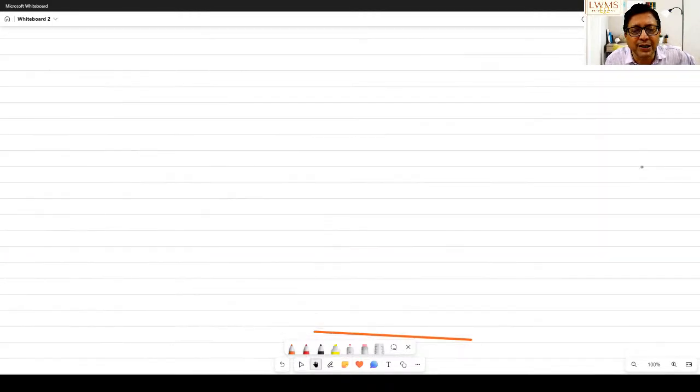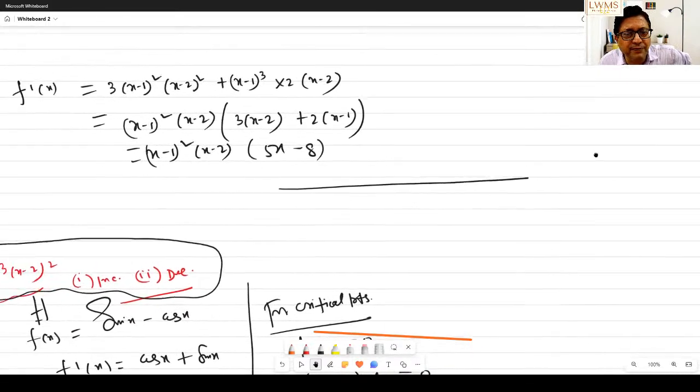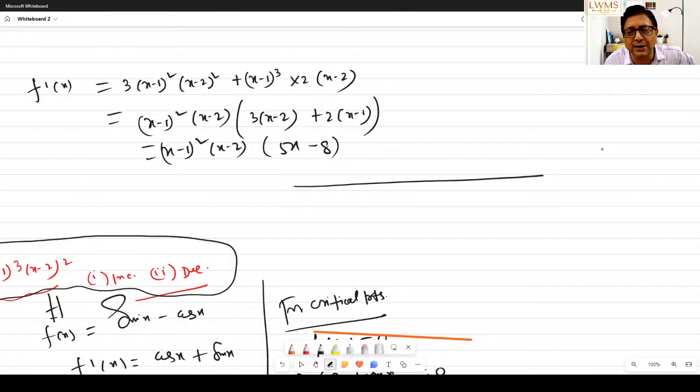Here 8 by 5 is larger than 1, and 2 is larger than 8 by 5. 1 is there, a critical point. For an algebraic polynomial function, there is an advantage. If you can factorize, the sum is done. On the right side of the highest one, we always put plus.